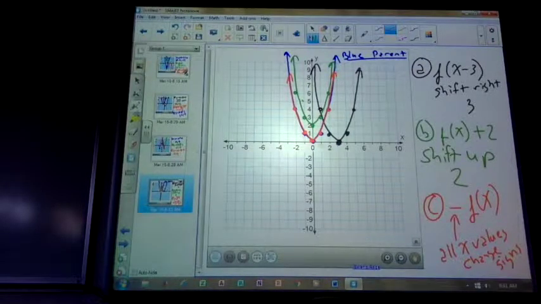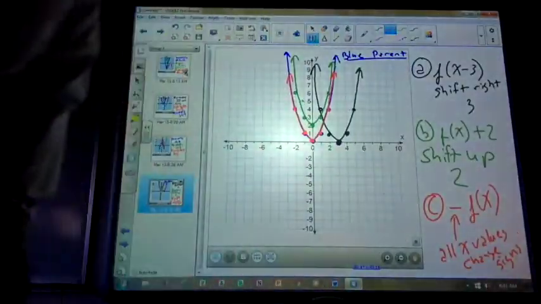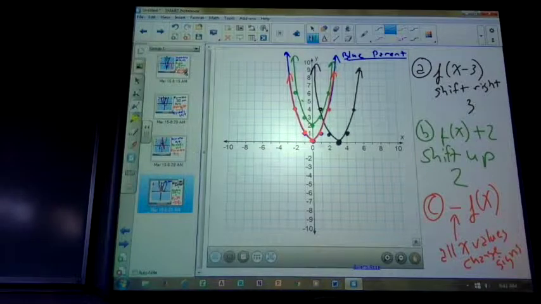How can we make this work? I bet this one was special because it was symmetric about the y-axis, which means, and this is a term you're not going to hear for a few years, but I'm going to use it anyhow, the blue parent function is something called an even function.